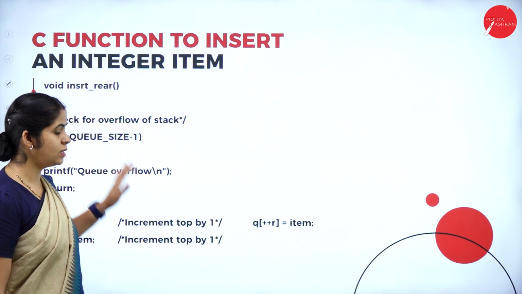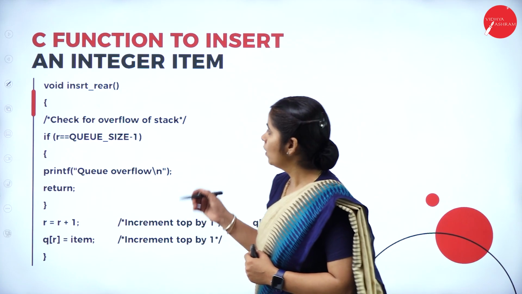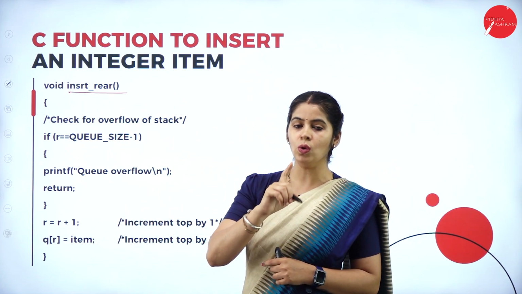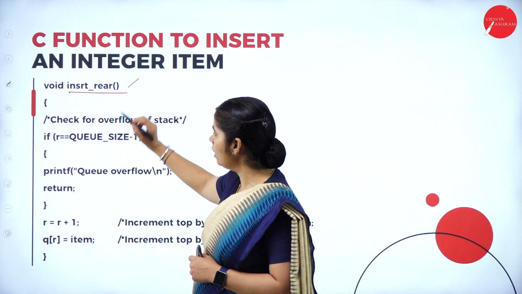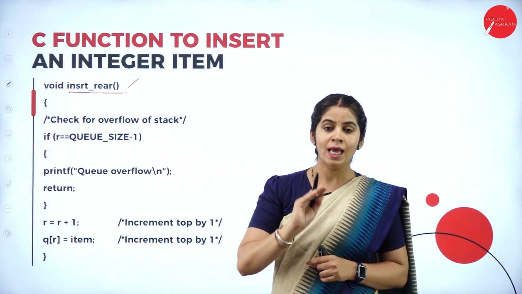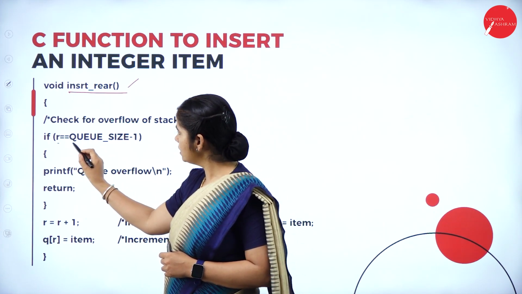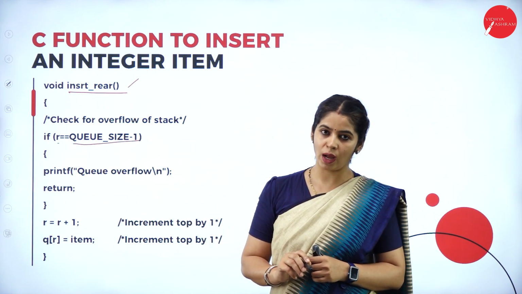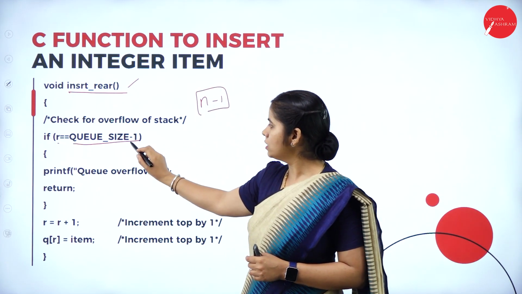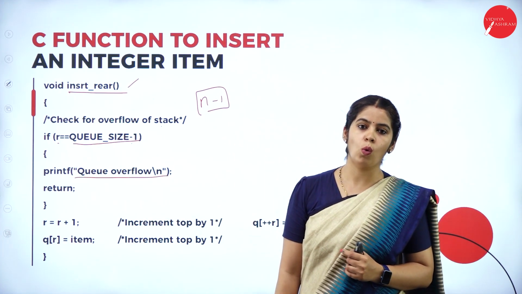So let us see the C code for this particular insertion from the rear end. We are creating one function, insert rear. What do we check first? Whether Q is full or not. We are checking the is-full condition: R is equal to Q size minus 1. That is, if N minus 1 is there, so Q size minus 1, Q is full. So what do we print? We print Q is overflow.